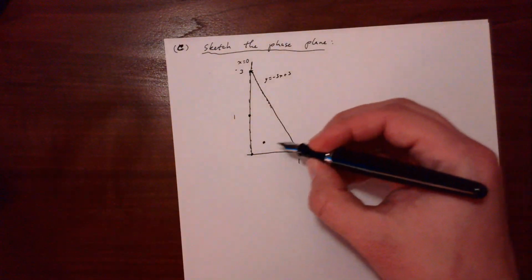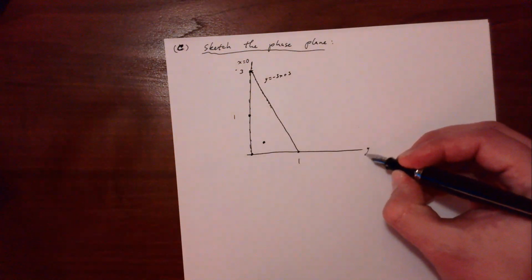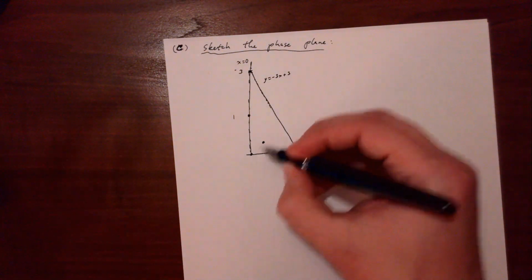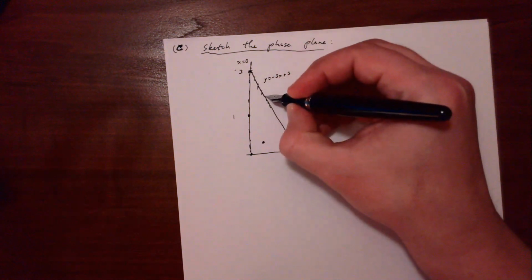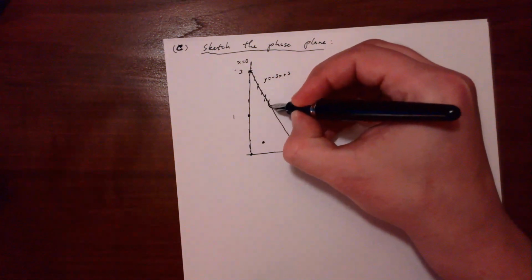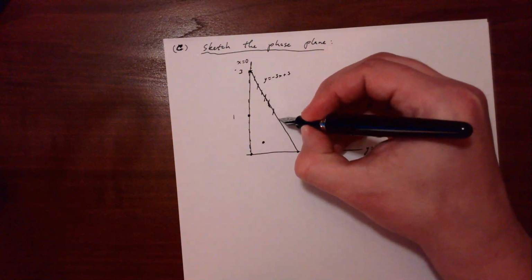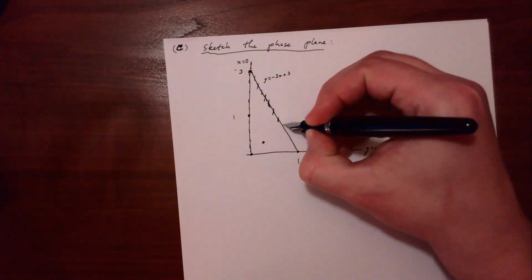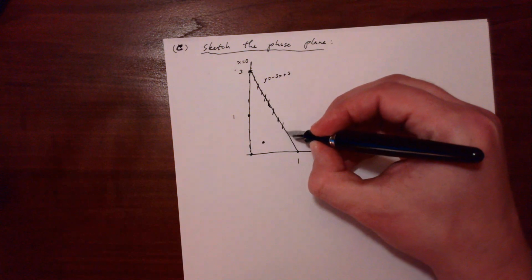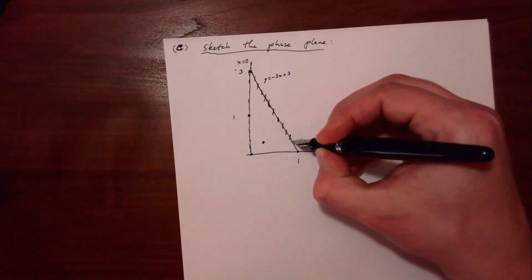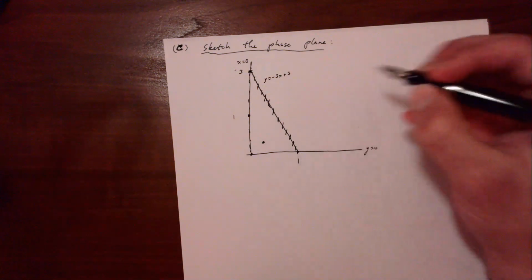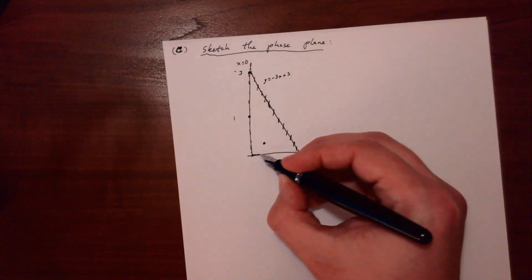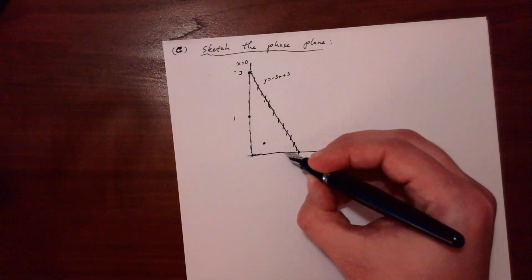All right, and then we have the other one at y equals 0. This one deserved vertical tick marks, just because it is an x Nocline. All right, y equals 0. That's a y Nocline, so it goes this way.